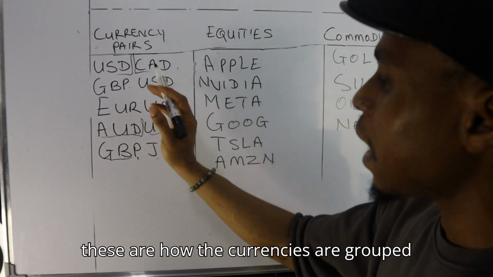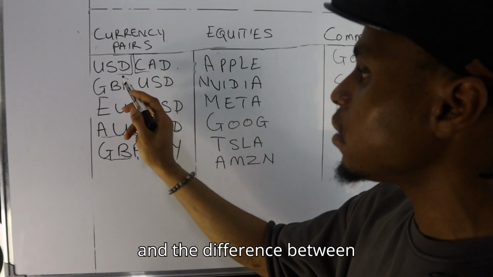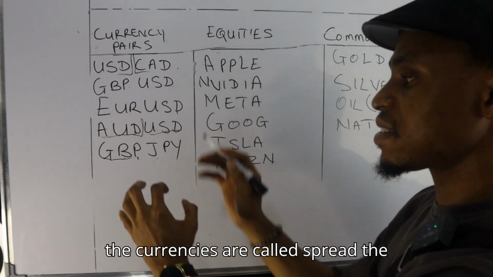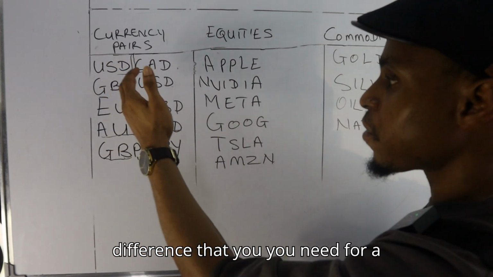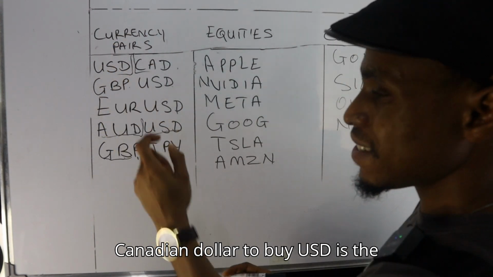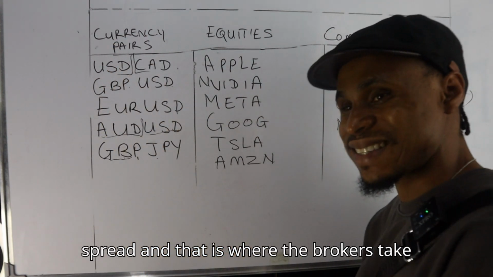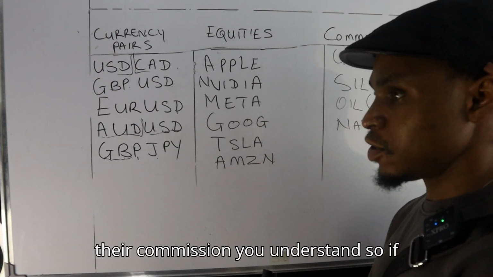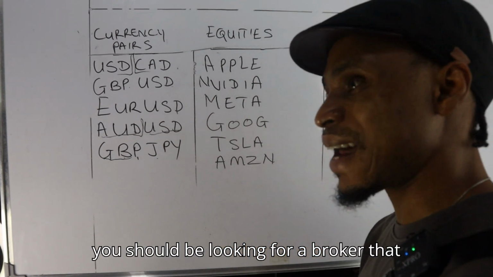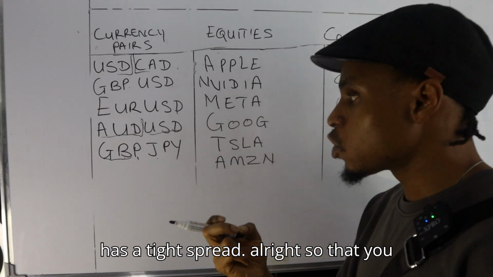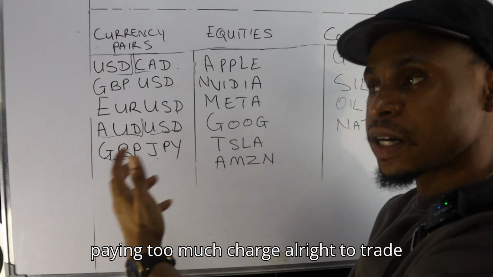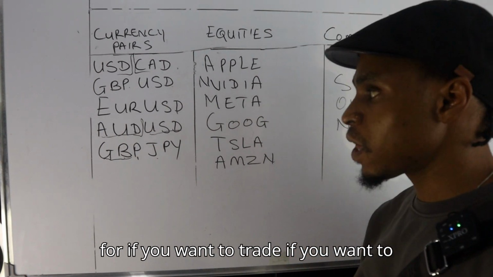The difference between the currencies is called the spread. The difference that you need for a Canadian dollar to buy USD is the spread, and that is where the brokers take their commission. You understand? If you're looking for a broker to trade with, you should look for one with a tight spread, so that you wouldn't be paying too much in charges.